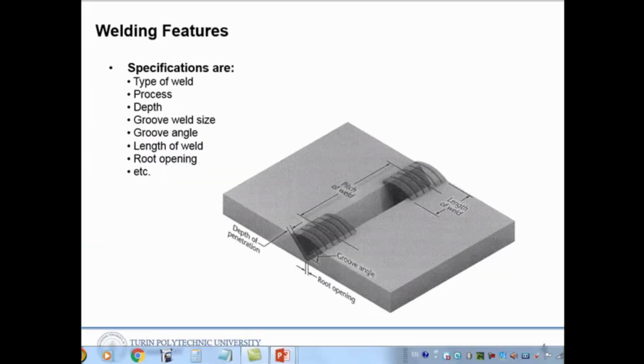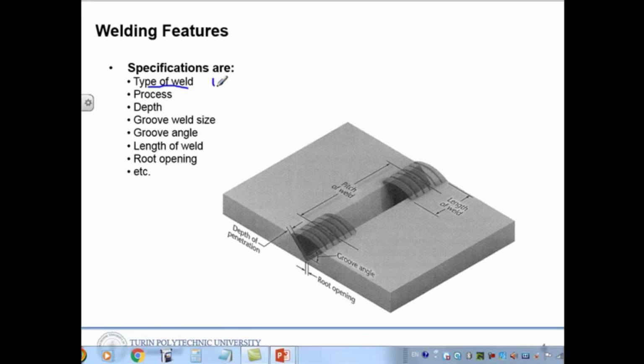In this slide are given welding features: how to represent them in the drawing, and how to understand what kind of terminology is used to describe them inside the drawing. Those can be a type of the weld, as I told you, described in the previous videos.